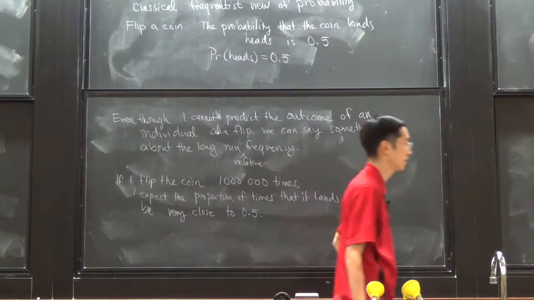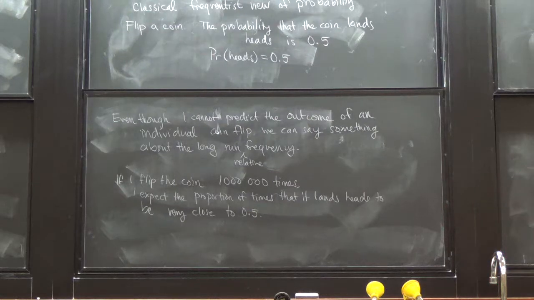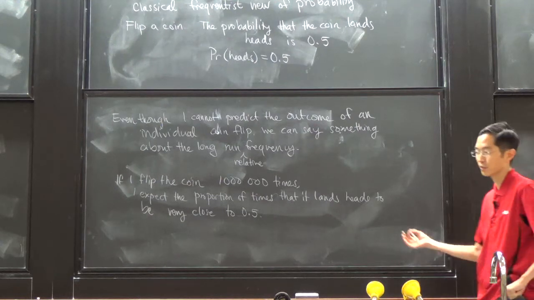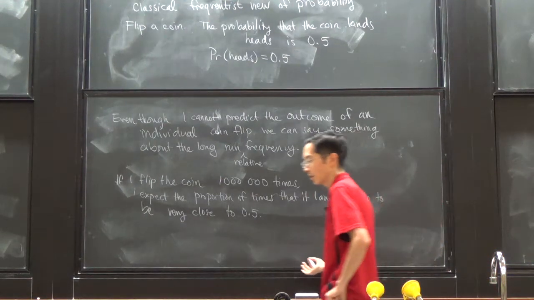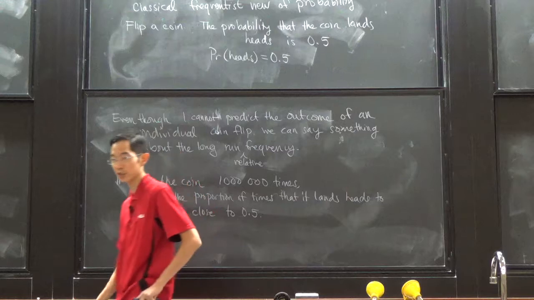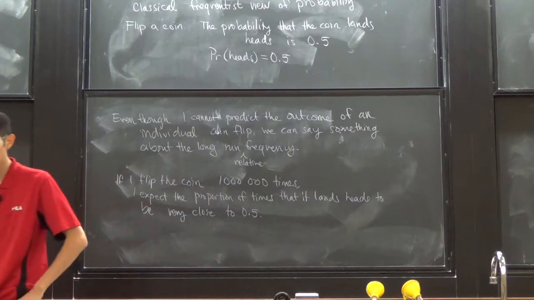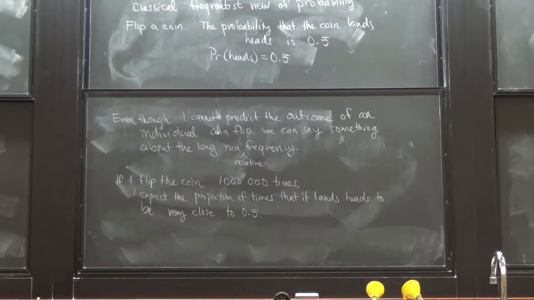Probably not. If I flip a coin a million times, the only way that the proportion of heads would be 0.5 would be if I got exactly 500,000 heads and 500,000 tails. That's probably not going to happen. But I will have something probably close to 500,000 heads in comparison to a million coin flips.